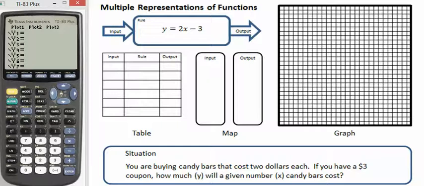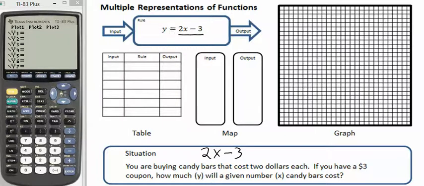For each candy bar, they are $2 each. But I have a $3 coupon, which is like minus 3. So that's how we find our function here: y equals, or f of x equals, 2x minus 3. But it says to use y here, so we wouldn't use the f of x. We use the y.